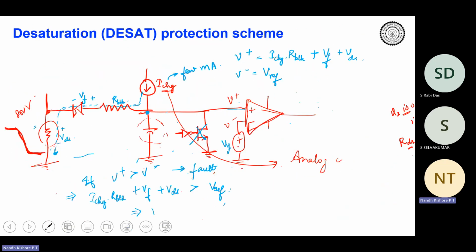Fine. So next we came to the scenario that your Q2 is turned on. In that case, let's assume that this is a MOSFET and you are operating in the linear region, or the ohmic region. Therefore, it can be approximated as a pure resistor. You get a voltage VDS, and the VDS is basically I into RDS. Okay.